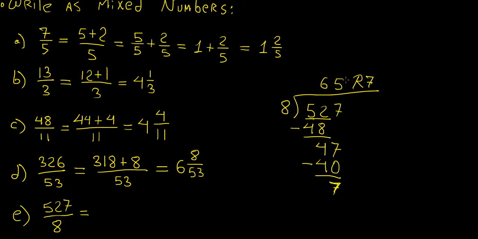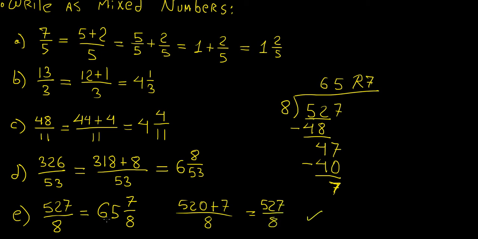That means we can write this as 65 and 7 on 8. We notice that this is quite close to 66, but not quite. And if we wanted to bring this back to this number, we would just multiply 65 by 8, which is 520, plus 7 over 8, and that would give us 527 on 8. So we have proven that this is the mixed number representation of that one.